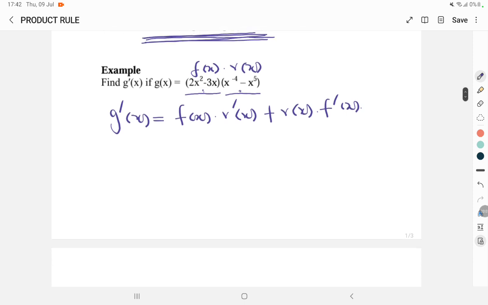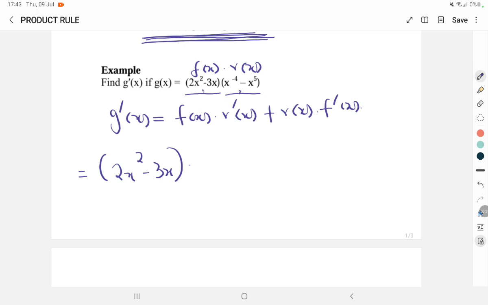So now let's do the derivative of g of x. We have f of x, and we know that f of x is 2x squared minus 3x, right? Then we have to do the derivative of r of x, and we know that r of x is this thing, right?